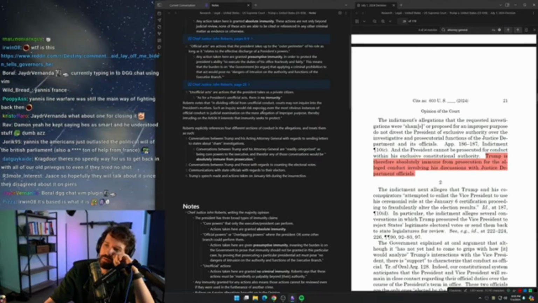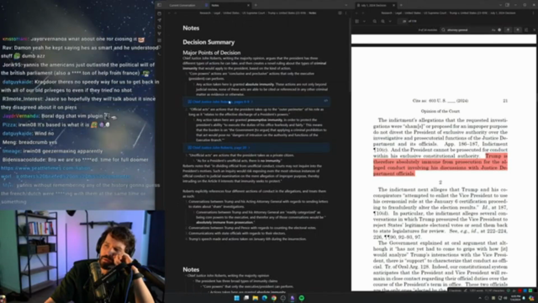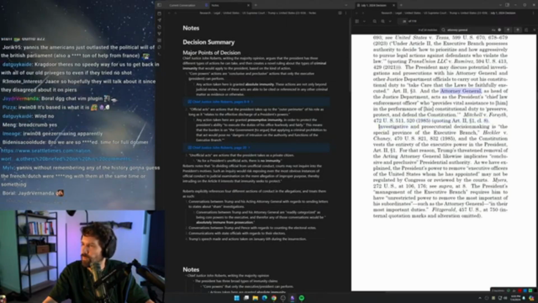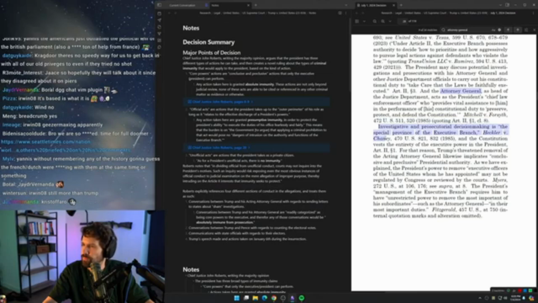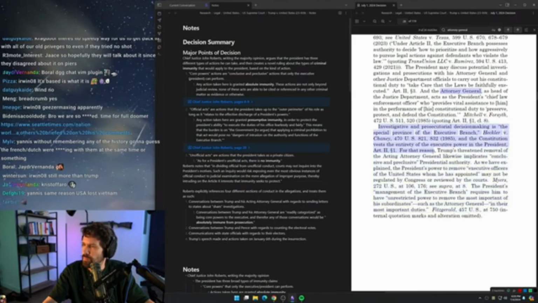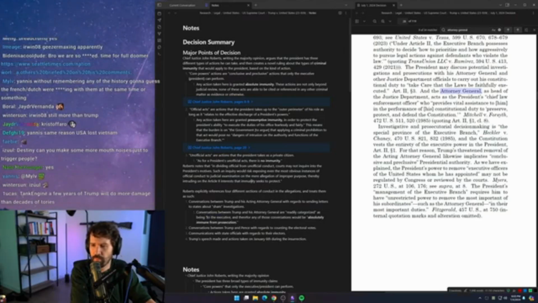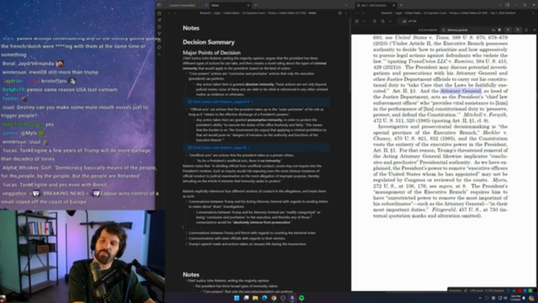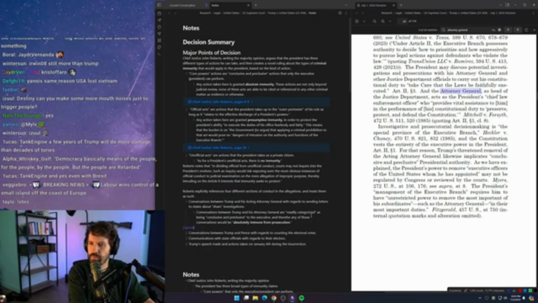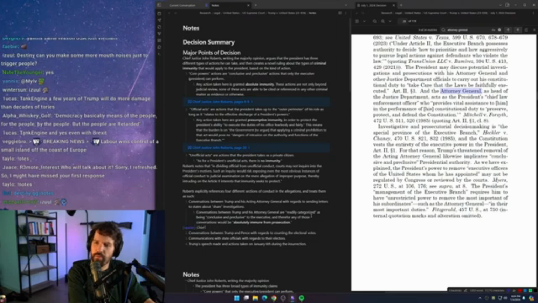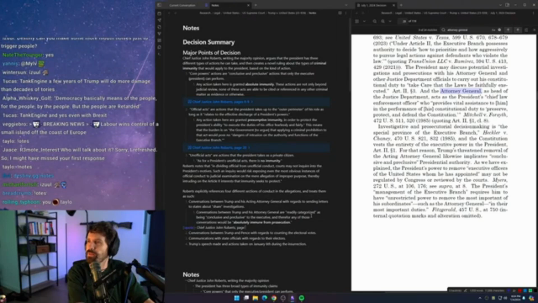Conversation between Trump and Pence. Should I do call-outs here for quotes? John Roberts, page 28.